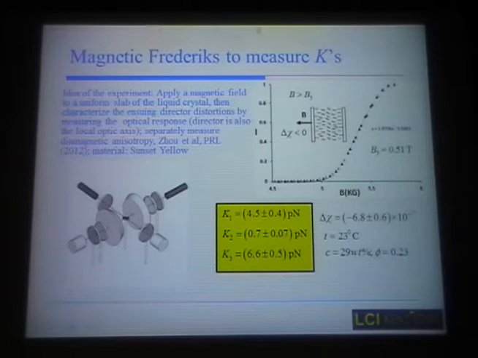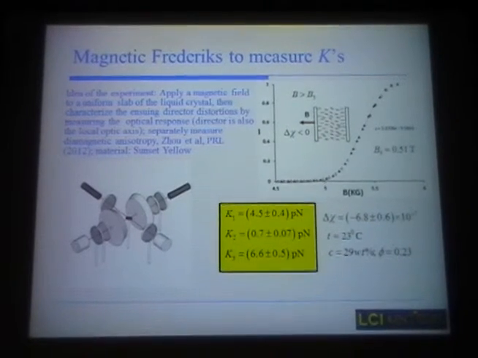And this simple expression, I don't see it here, says that the critical value of the threshold is proportional to the elastic constant divided by Δχ, and I think I should put something like π over d as the coefficient here.